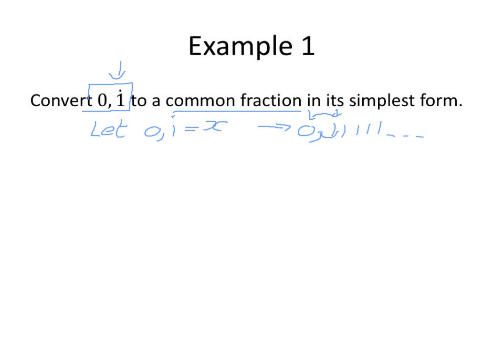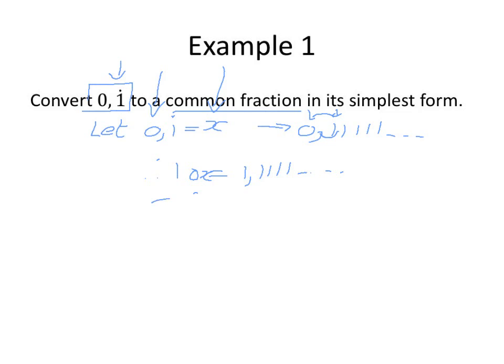So if I multiply this by 10, I'm going to get 1,11111 on and on and on. But what I do to the one side, I must do to the other. So if 0,1 recurring is equal to x, and I multiply it by 10, I must also do it to x. So therefore, 10x is equal to 1,11111 on and on and on.